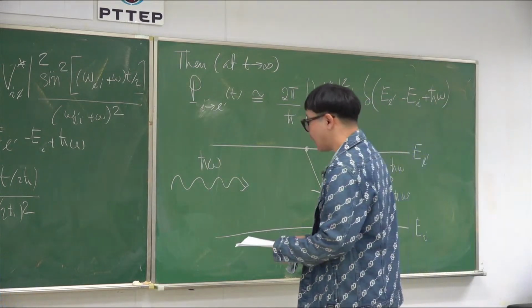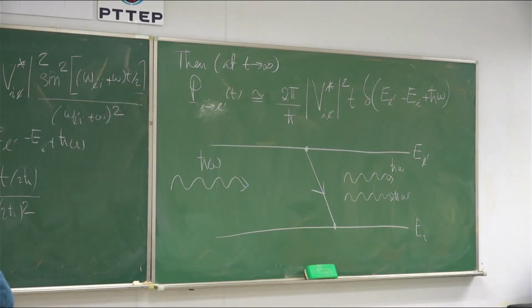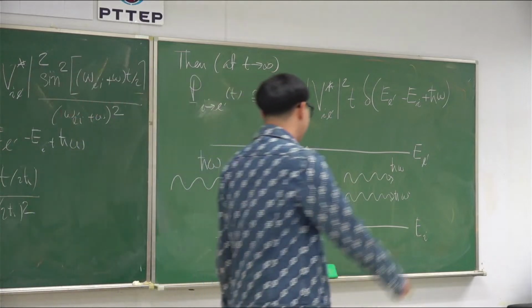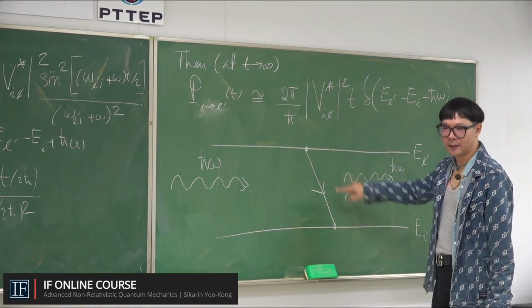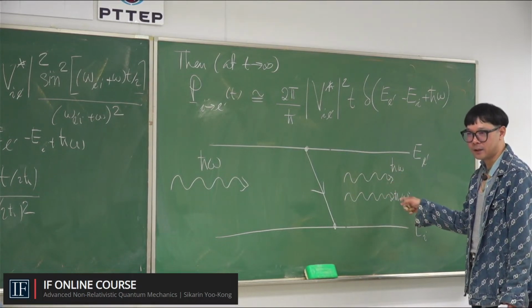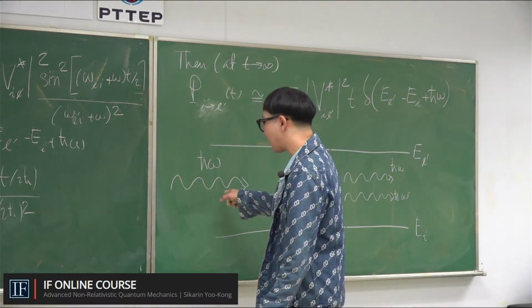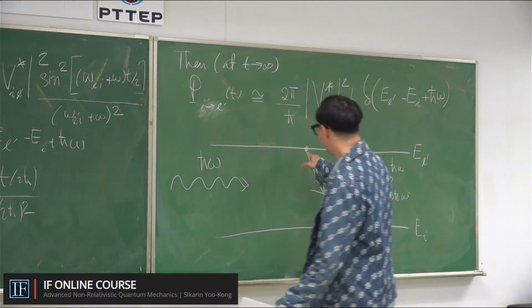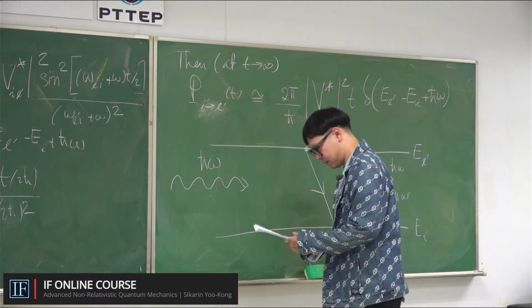This is called stimulated emission. So normally, if not in this situation, your system will automatically get down and release only one bunch of energy, right? But in this situation, you put in a bunch of energy and force it to get down, and you get two bunches, okay?